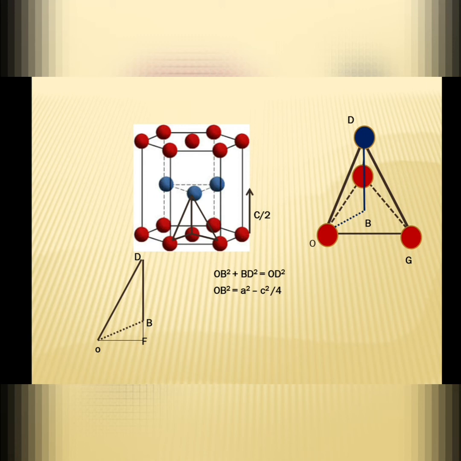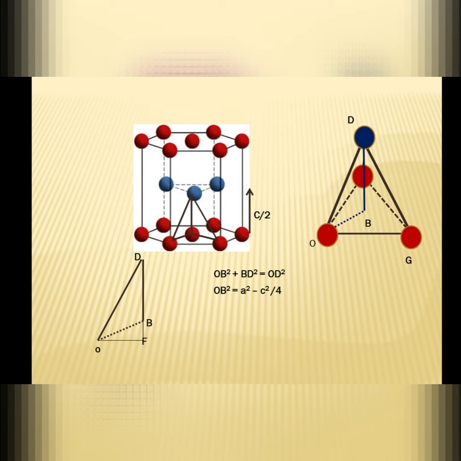Hence OB square is equal to a square minus c square by 4. Now if we can calculate the value of OB, then we can get a relation between a and c.